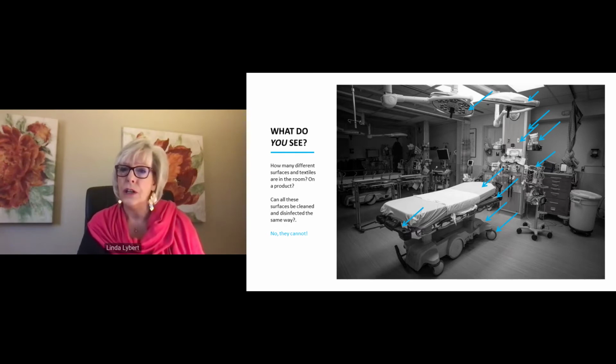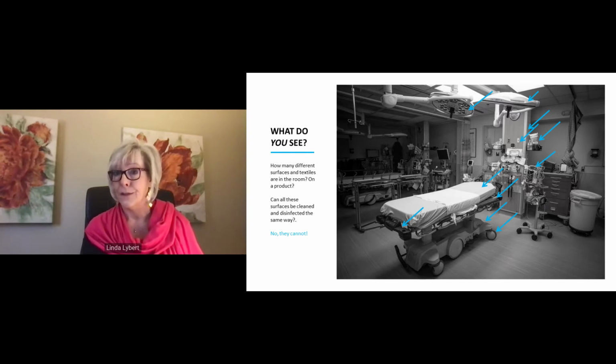I also want you to notice the background. If you brought multiple patients into this room, all of those materials and medical devices that you see in that second patient bay can become contaminated as well. The difficult part is this room is turned over rapidly, and all of those materials need to be cleaned and disinfected differently.